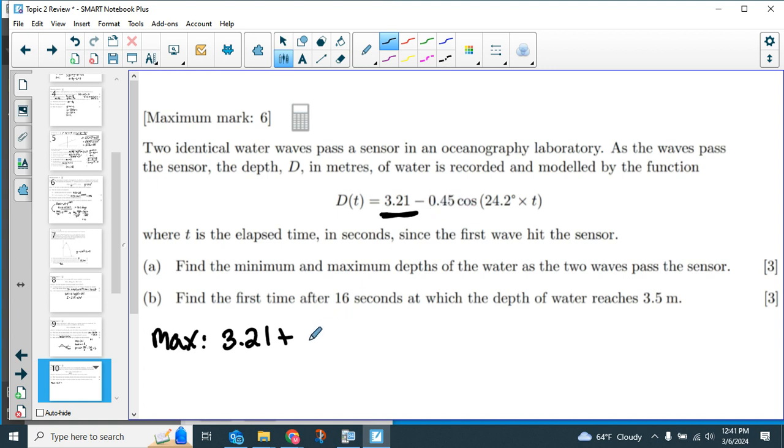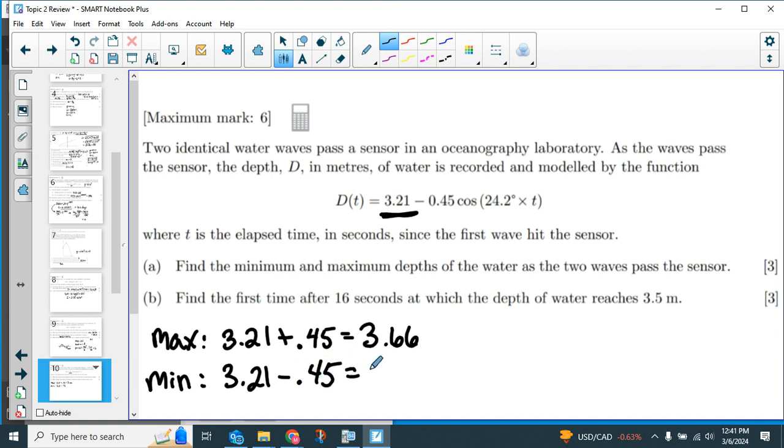No. All right, so plus 0.45. So my maximum is going to be 3.66. For the minimum, we take our baseline again of 3.21, and now we subtract the amplitude of 0.45. So that's going to be 2.76.